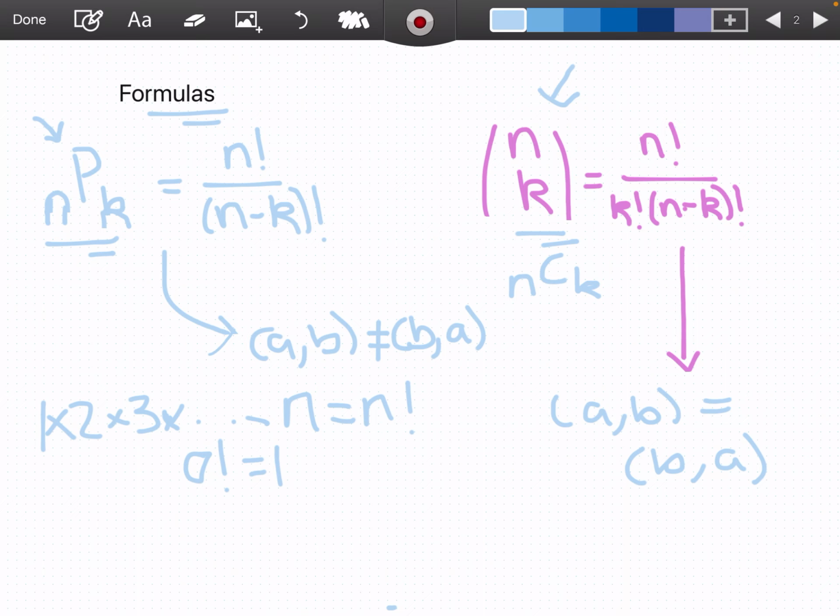So then the next spot will only have 3 options. It can only have A, C, or D since we've already chosen B. So let's say I choose A to go there. Similarly, the next spot will only have 2 choices for which book goes there. And the last spot will only have 1 choice.